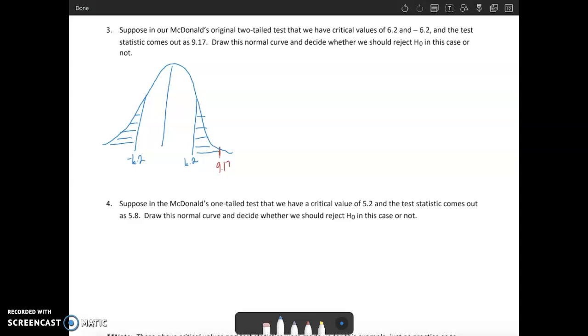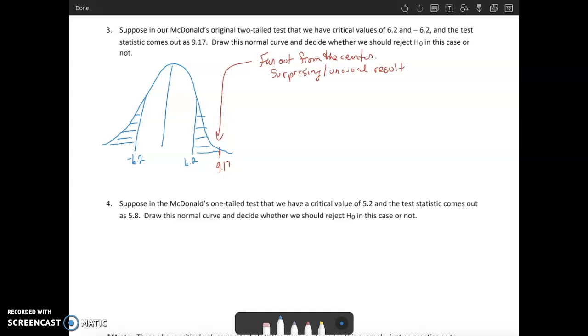So what I'm going to say here then as some notes is I'm going to say this is far out from the center. It's surprising, unusual of a result to have gotten.